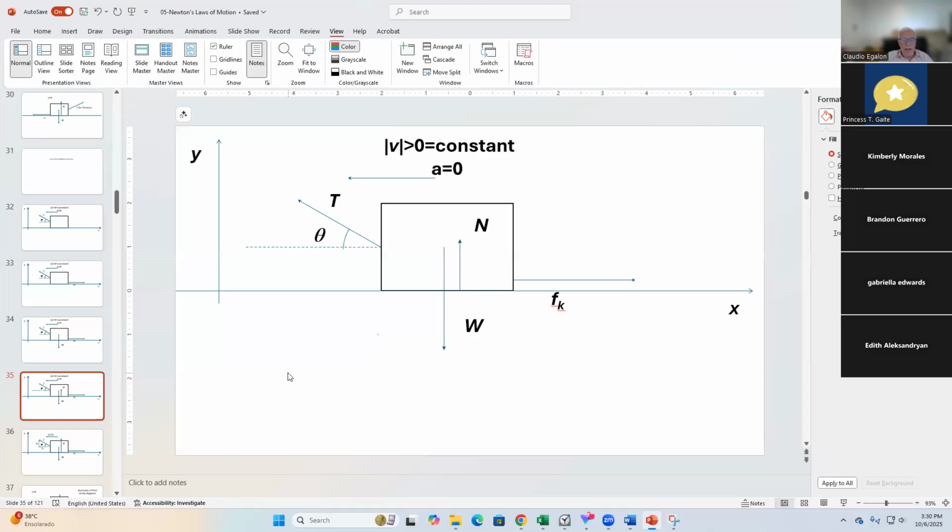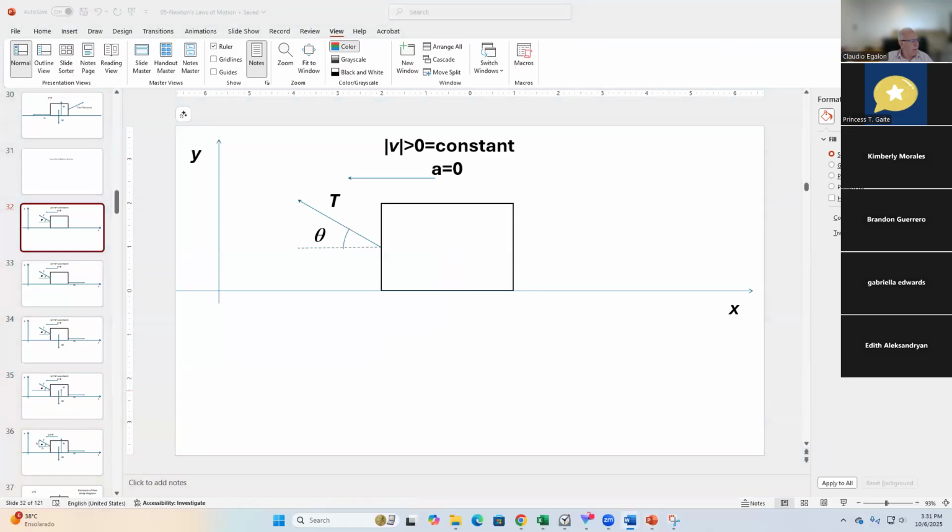Did you get the idea? Okay, so now we can combine those two parts into a single law.